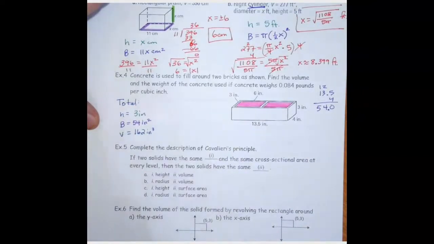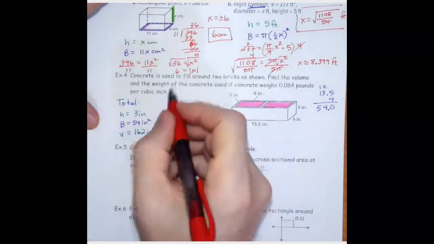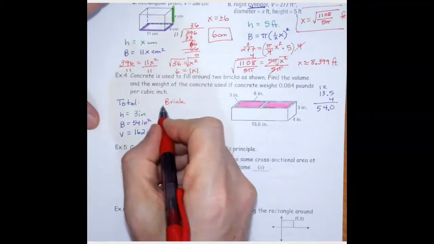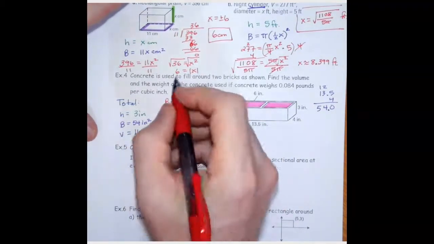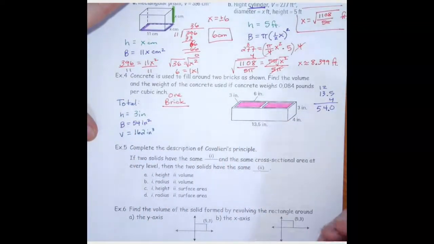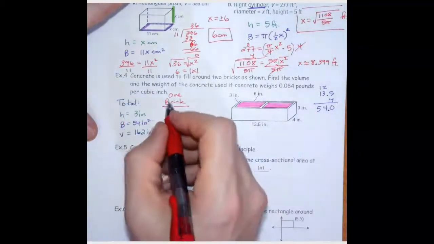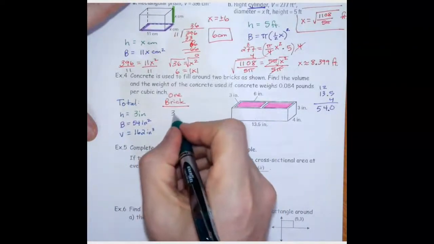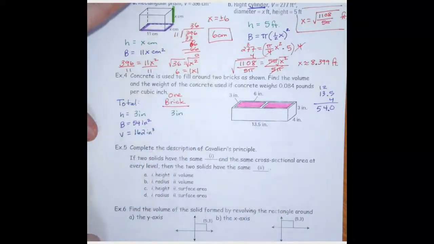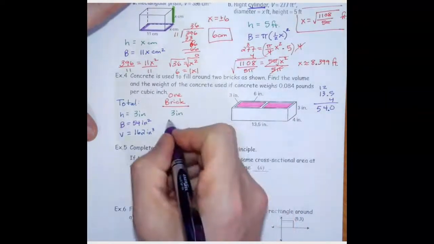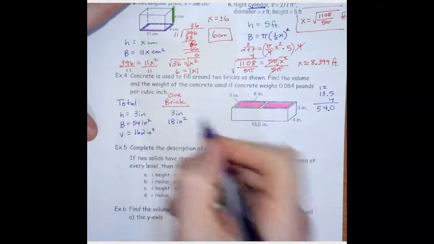Okay, so now if we do that again for the brick only, let's do 1 brick actually, so let's focus on one of these bricks. So the height of the brick is the same as that, so that's going to be 3 inches. Now the area of a brick, the base of the brick, is 3 times 8, so that's 18 inches squared.